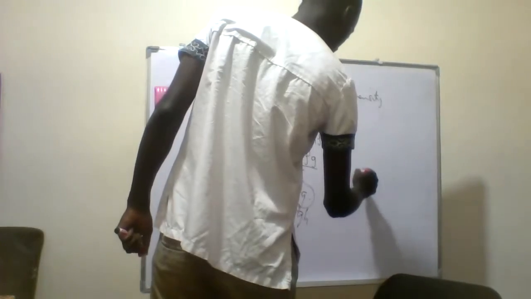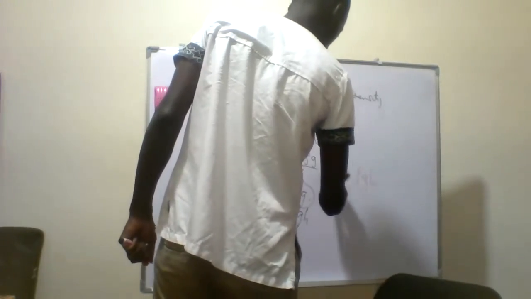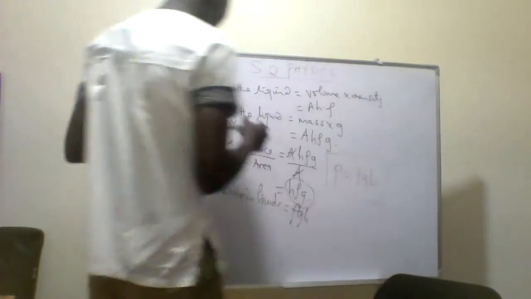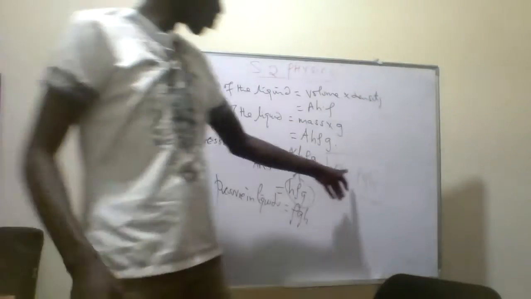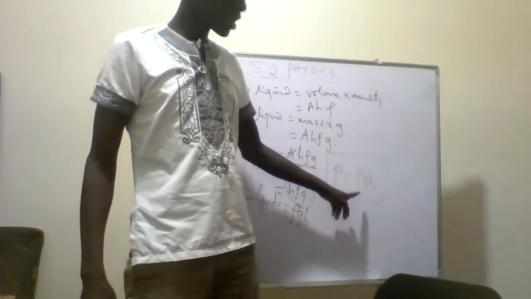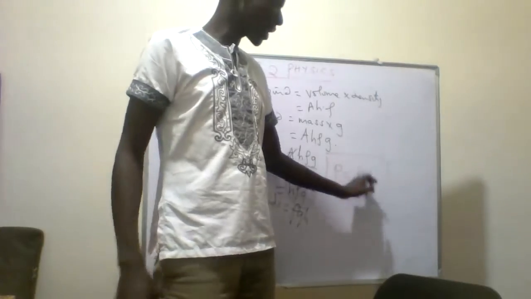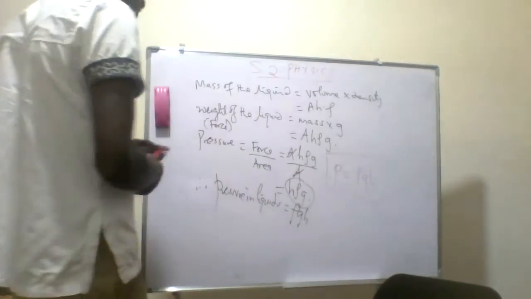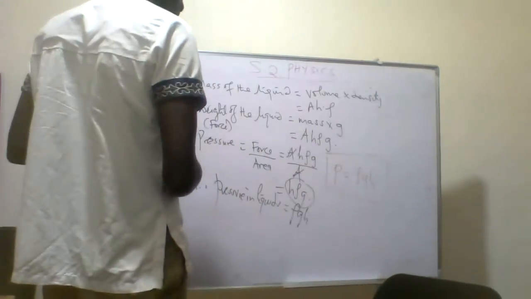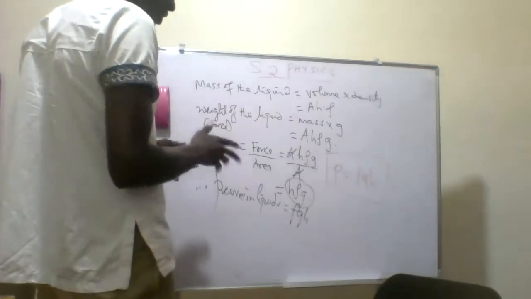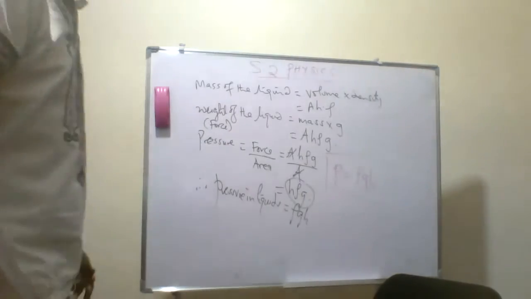We can respect the formula by putting it in a box or in a rectangle. That is the formula. Rho is the density of the liquid. g is the acceleration due to gravity, a constant. H is the height of the liquid or the depth of the liquid. So that is the formula that we are going to always use.